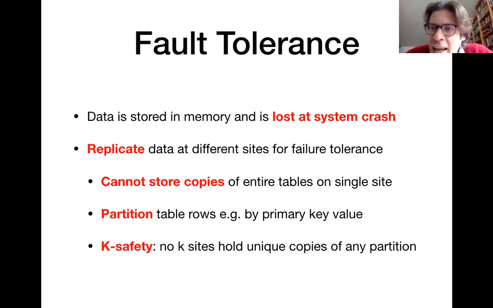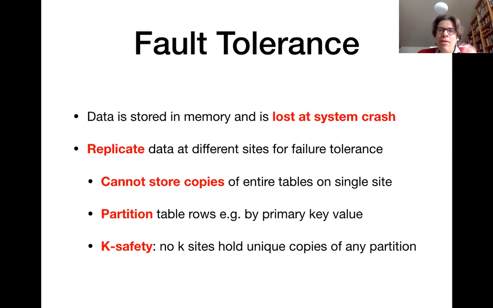Of course, here the tables are typically too large, so we cannot store an entire table on a single node. So instead of that, we partition the rows by their primary key value, for instance, across different nodes in a cluster. And then we can use schemes that guarantee k-safety, which essentially means even if k nodes in your system crash at the same time, then you will still be able to recover from that without losing any data.